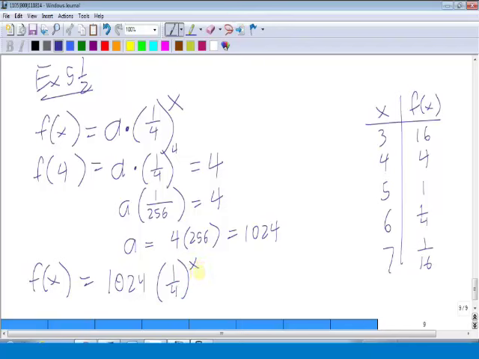Someone pick another number from 3 to 7 other than 4. 6? And cross your fingers. F of 6. That's 1,024 times 1/4 to the 6th power. I'm hoping to get 1/4 as the final answer here. This is 1,024 times 1 over 4 to the 6th power.